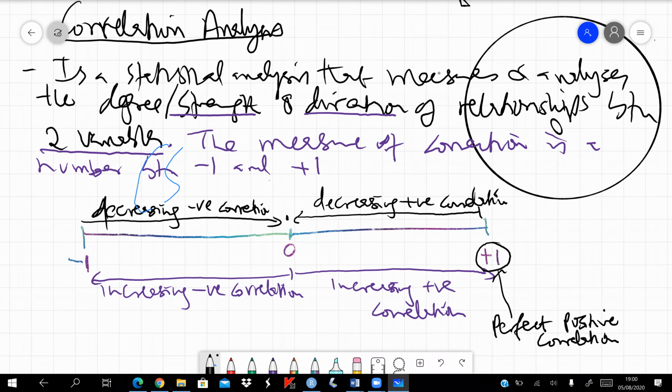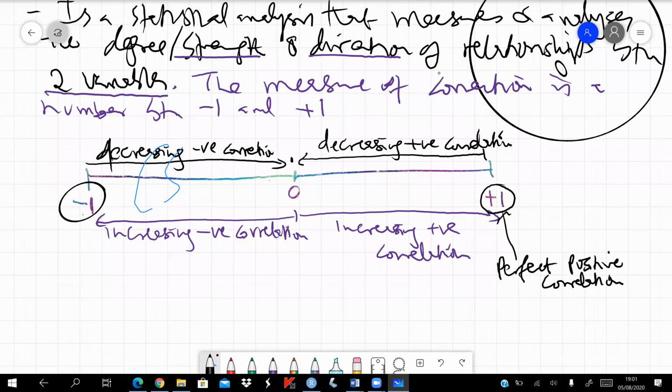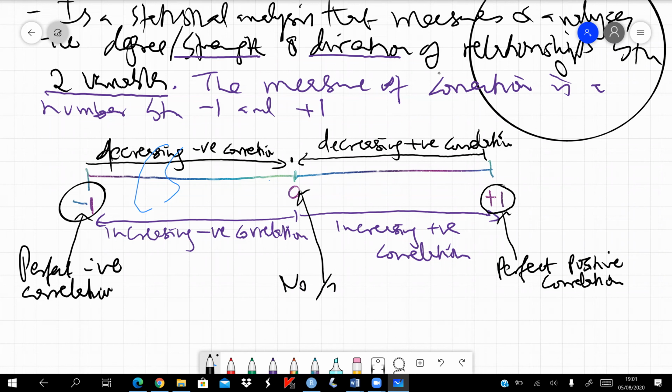If your measure is -1 here, then you say this is a perfect negative correlation. Then at this point here, 0, we say that there is no correlation, or there is 0 correlation.